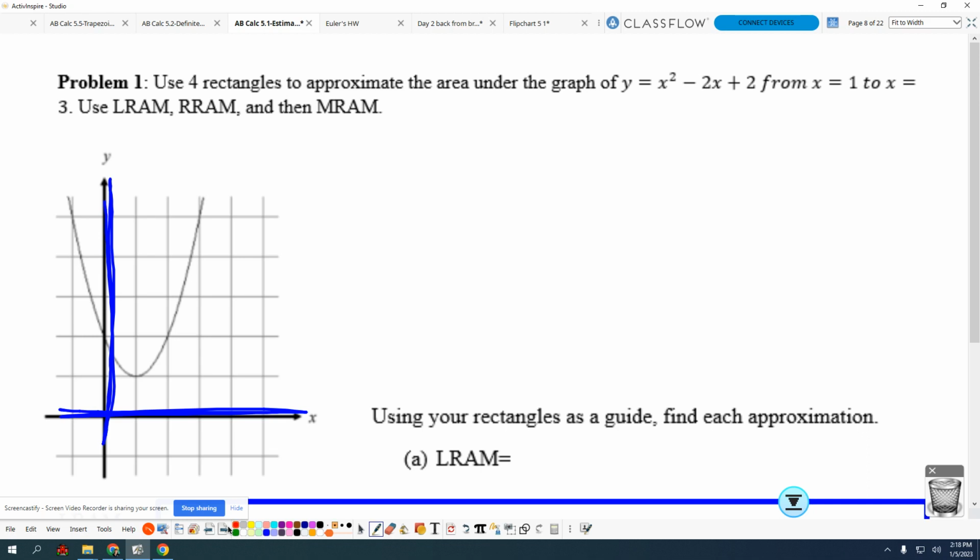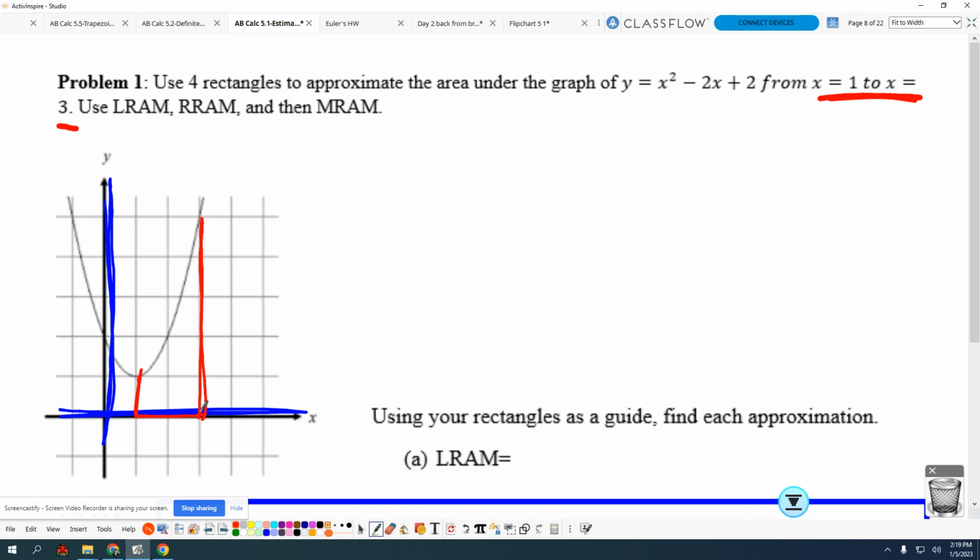And first we got to see what are we integrating over? What X values? Brooke, looking at the paper, X goes from where to where? Reading the problem. X equals 1 to 3. Okay. So from 1 to 3, we want to estimate the area under there using how many rectangles, Nico? 2.